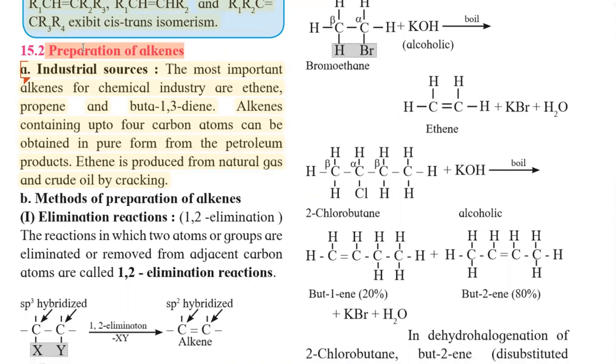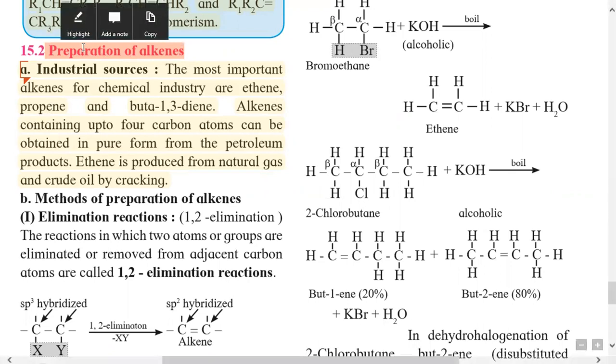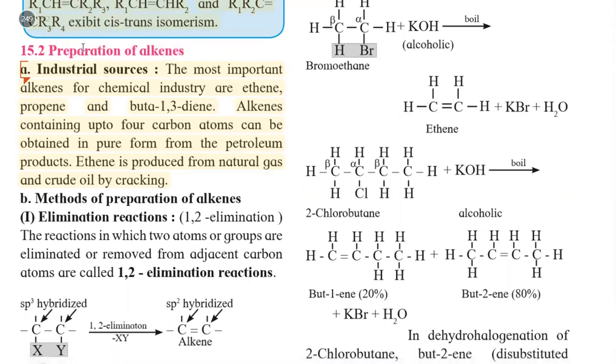Out of these 4 methods, these are divided into two types of reactions. One is elimination type of reaction and the other is addition type of reaction. So first we will study industrial sources.